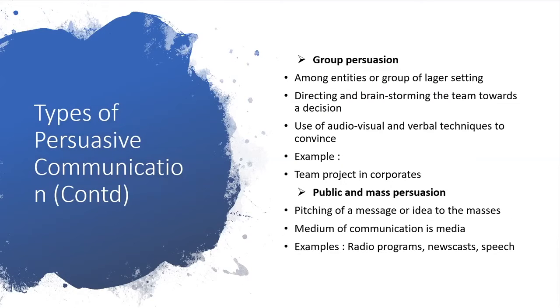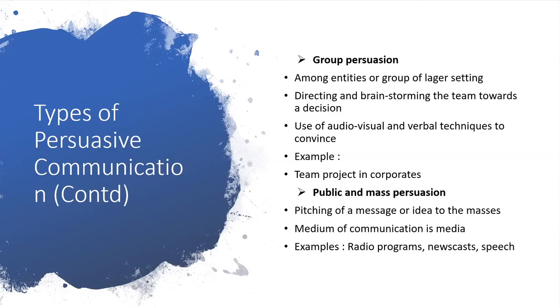The next type of persuasive communication is group persuasive communication. This communication occurs between individuals who may or may not have a close or established bond. It happens in a large setting where more than two people are present.